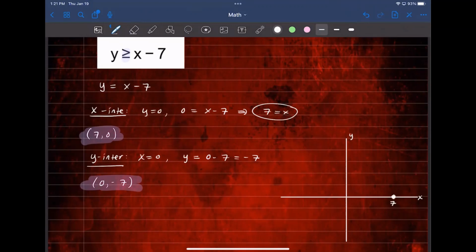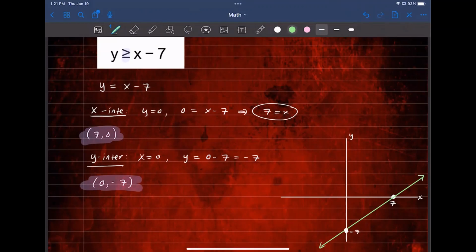So that will be the x-intercept, it's on the x-axis. The y-intercept is (0, -7). So it's going to be down here. Let's label that -7. And you connect them to create a boundary line. So it's going to be a solid line because the inequality is greater than or equal to. I'm just going to try to make this the -7. That's the y-intercept. Sorry for that. So that's the line we're looking at.